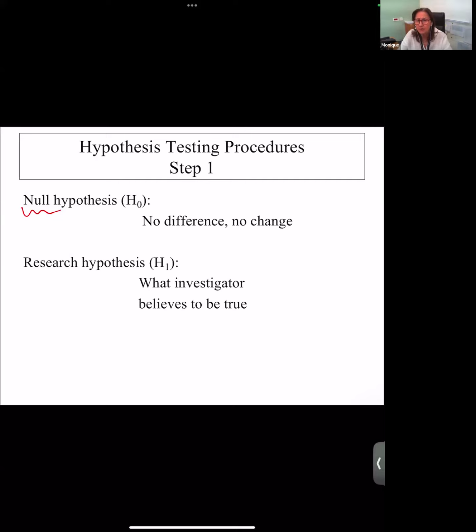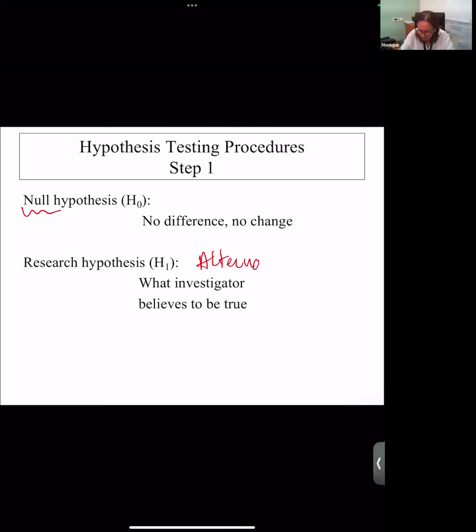While the research hypothesis, we call it the alternative hypothesis. In most books, it's called the alternative hypothesis. This is what the researcher expects, what you want or what you believe to be true. You wouldn't do a study to say there is no difference. Usually you do a study to say it's larger, bigger, there is a difference.